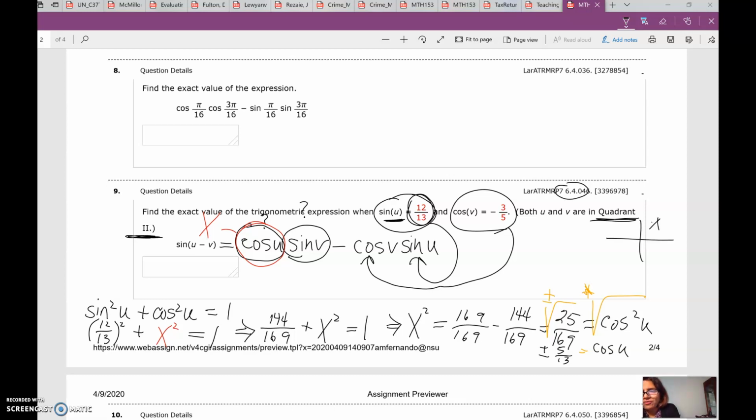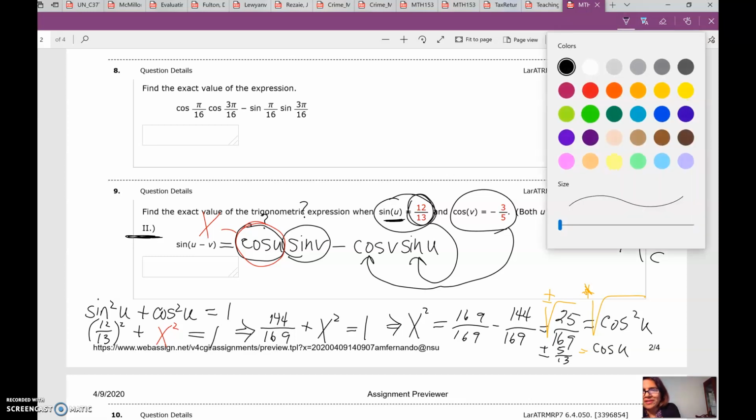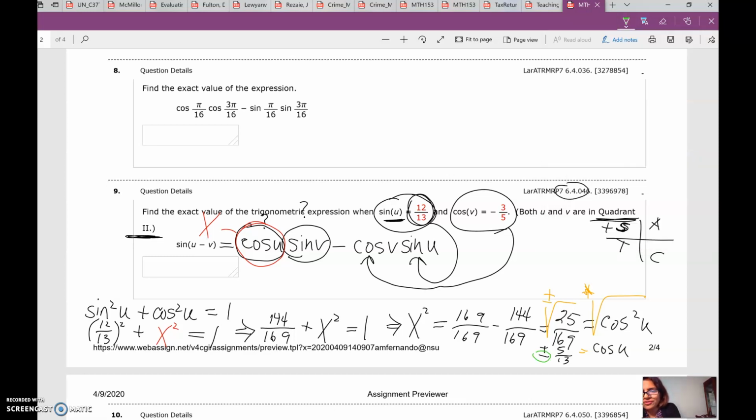Well, we know that sine is going to be positive in quadrant 2, but cosine is going to be negative. So that means we're going to choose the negative for the cosine of u. So in place of cosine of u, we're going to put in negative 5 over 13.